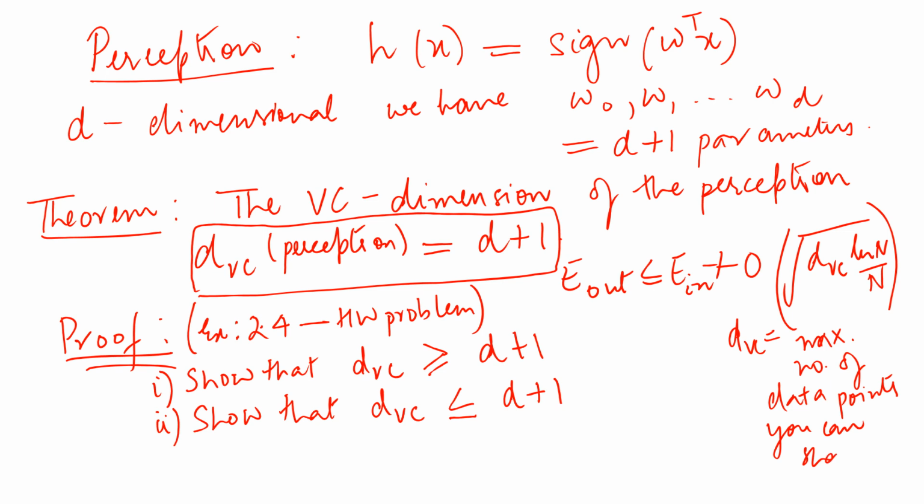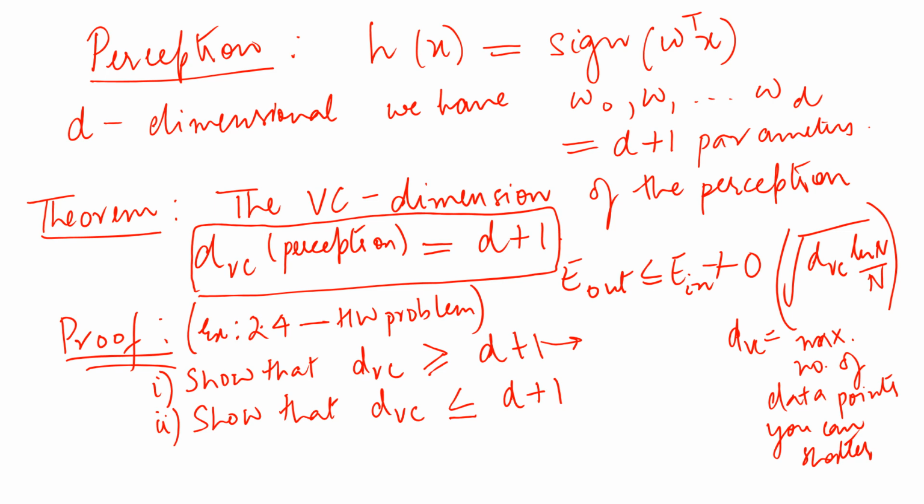Okay. So how can we prove each of these? For the first part, when we are trying to show that the VC dimension is greater than or equal to d plus 1, we can show that the maximum number of data points a perceptron can shatter is at least d plus 1.